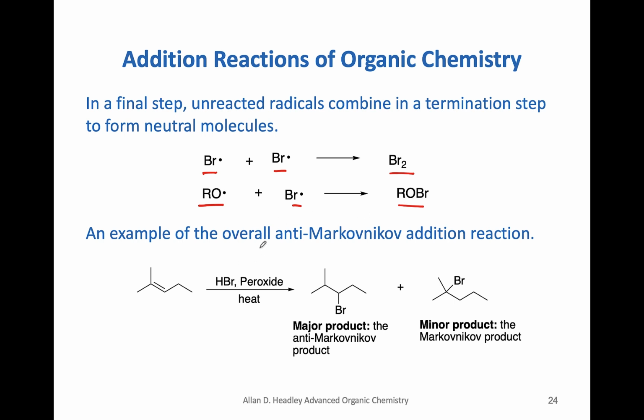So an example of the anti-Markovnikov addition, you will recall, is here's the alkene. Here's HBr, but in the presence of a peroxide and heat. You will recall a good example of a peroxide is benzoyl peroxide.